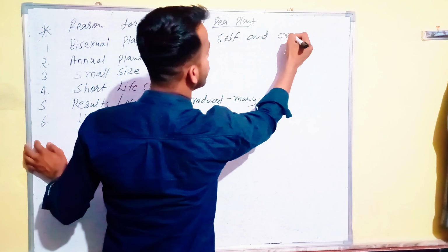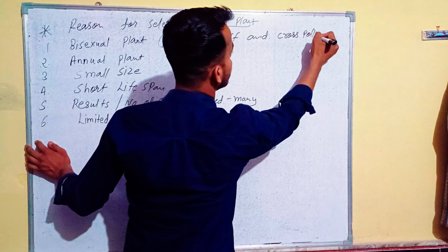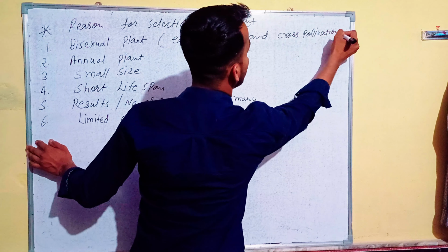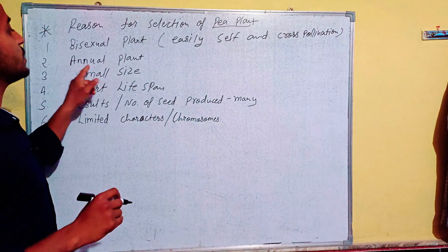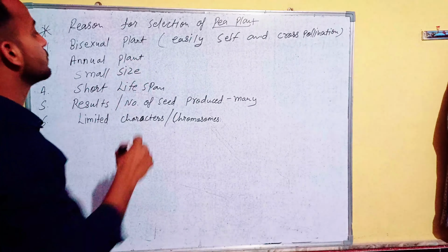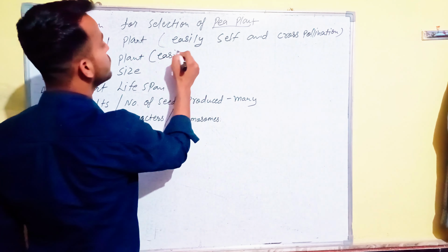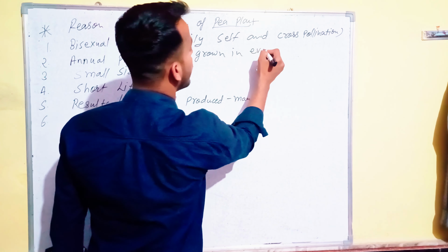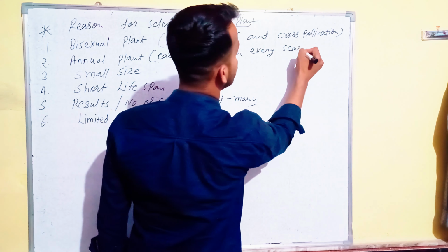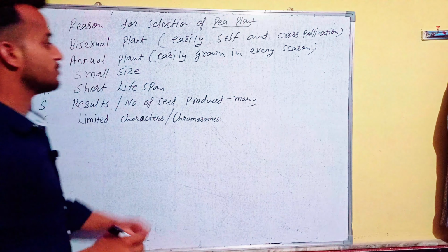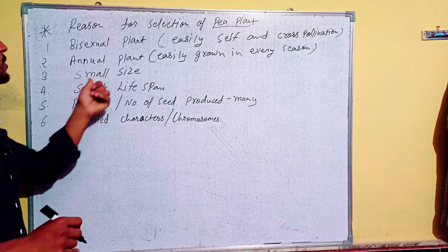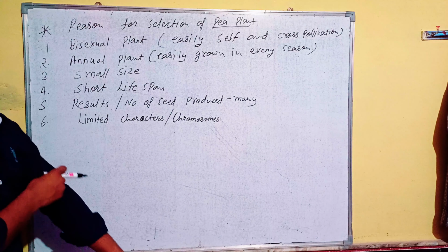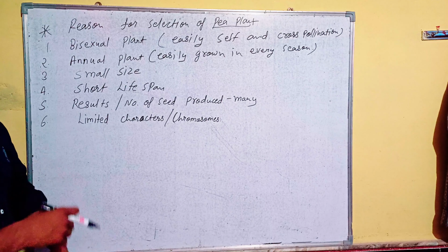Next point, it's an annual plant, so it can easily be grown in every season. That's also beneficial. Next, it is small in size, so no need for a wider area; it can easily be grown in a smaller area.